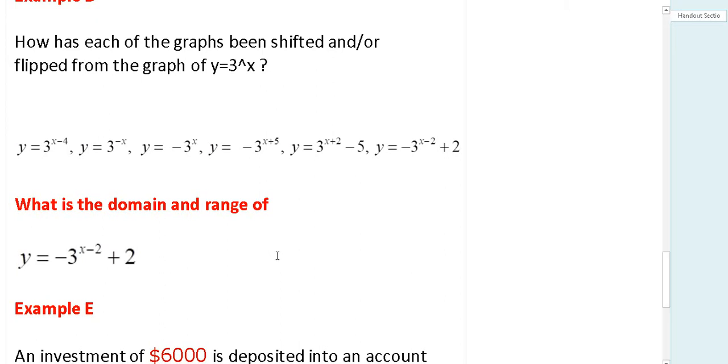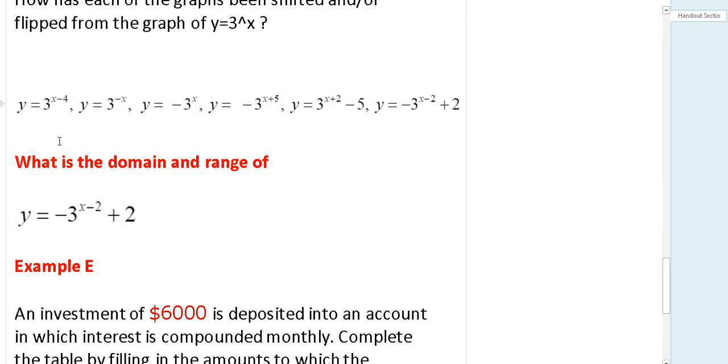So let's take a look at a bunch of these graphs. We're going to compare these graphs to the graph of y equals 3 to the x. So y equals 3 to the x versus, and let's do y equals 3 to the x minus 4. Y equals 3 to the negative x. Y equals -3 to the x.